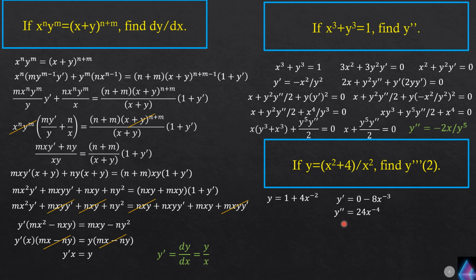Then finally, third derivative is 24 times negative 4, negative 96x to the negative 5. We write this as negative 96 over x to the fifth, and we replace x equals 2. So negative 96 over 2 to the fifth is equal to negative 3.